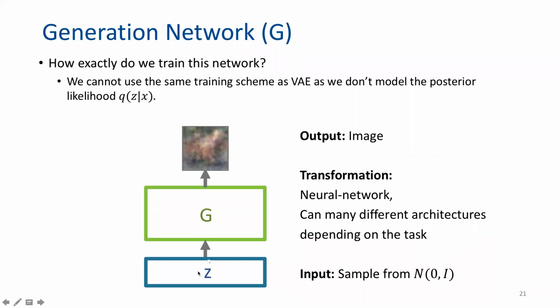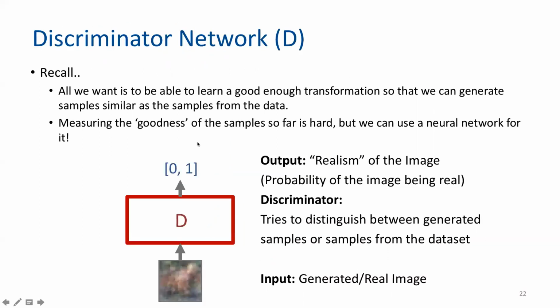Given a sample from the latent space, we run that through a generator and it generates a single output image. The discriminator, on the other hand, measures the goodness of the generator by comparing it with real images and trying to classify them. That's the other network, and we already argued that it gets trained to maximize the Jensen-Shannon divergence, or effectively fool the generator.